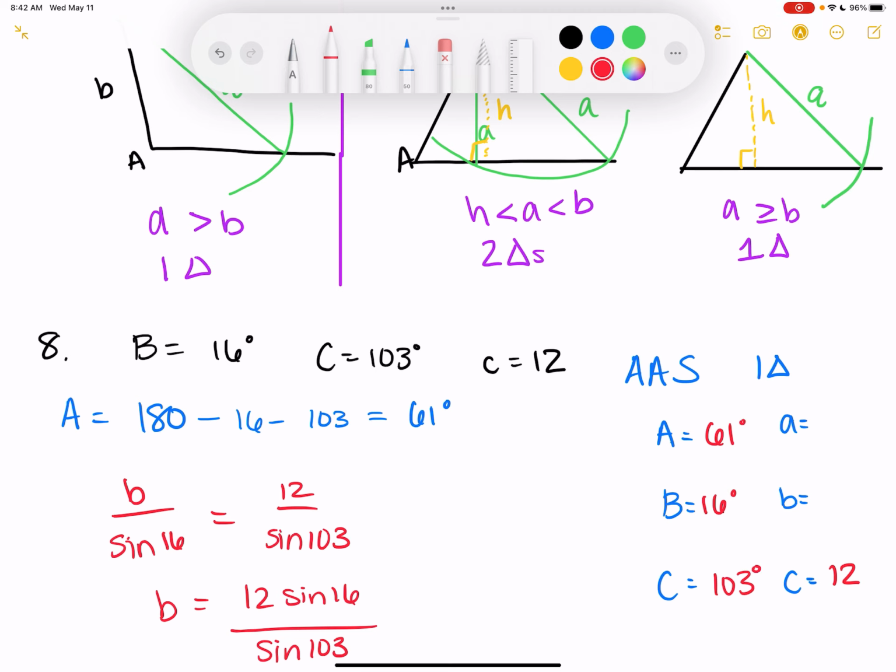I hate these ones because they take up like half a sheet of paper.